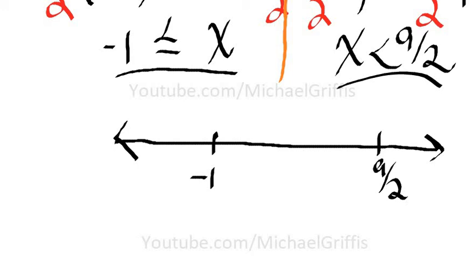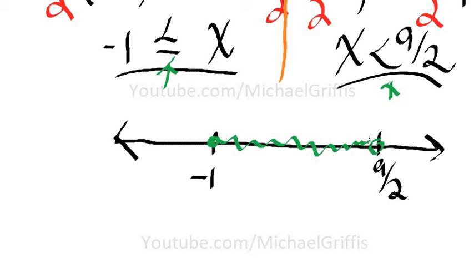Going back to x is greater than or equal to negative 1, this includes it, so we put a solid dot there. And x is less than 9 halves, so we put an open circle. So it's everything in between. x must be greater than or equal to negative 1, and x is less than 9 halves.